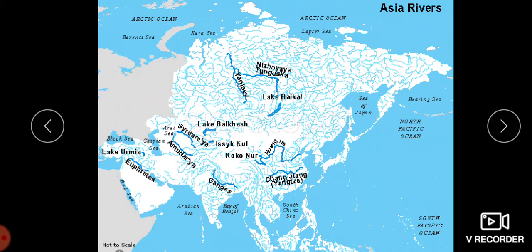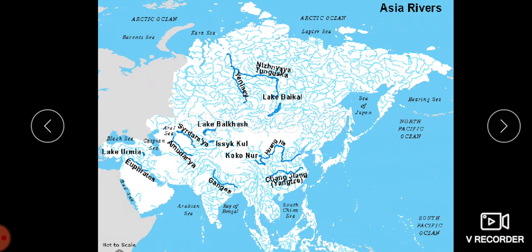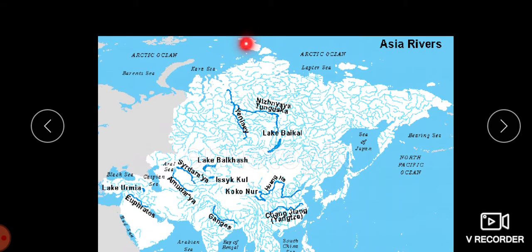The Mekong and Menam of Indo-China flow into the South China Sea. And now we will move on to the Arctic Ocean river system.